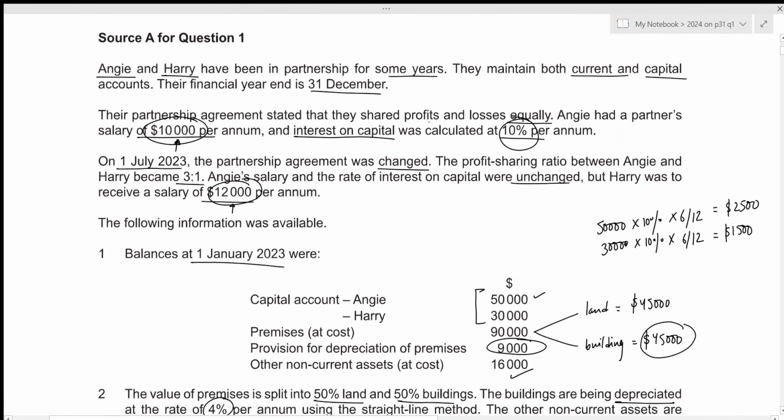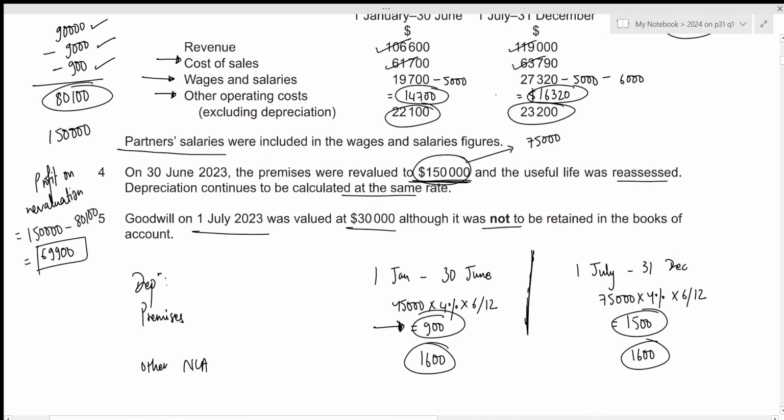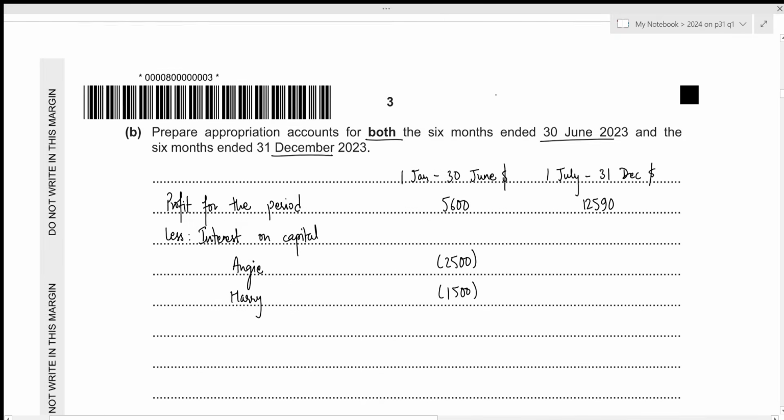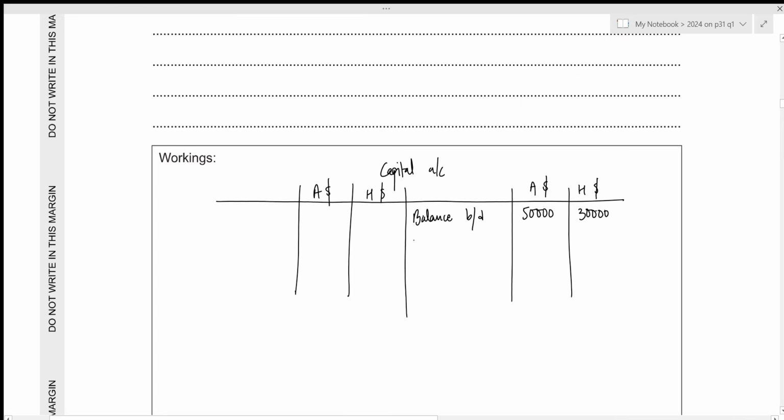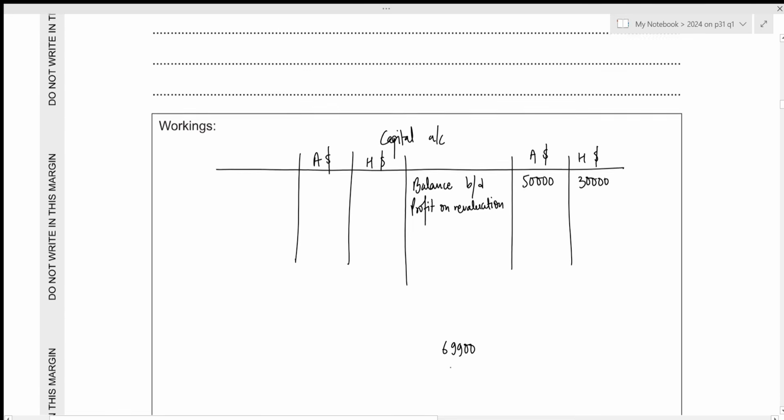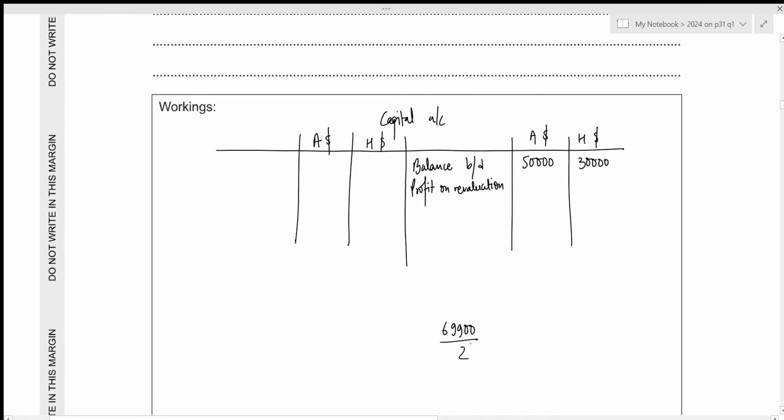And we were told that they shared profits and losses equally before the partnership changes. So we need to divide 69,900 equally among the partners. Okay, the profit on revaluation will always be on the credit side because it will increase the capital balance. The total profit on revaluation was 69,900 and previously the profit sharing ratio was equally, so we just need to divide it by 2. This results in the value of 34,950.